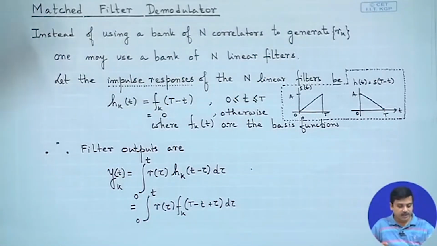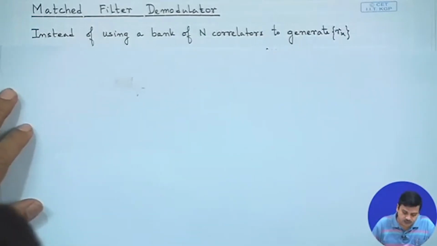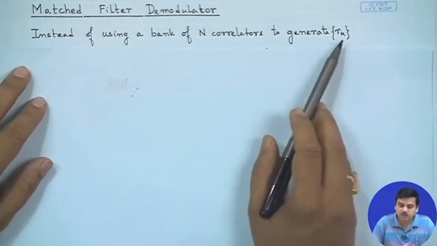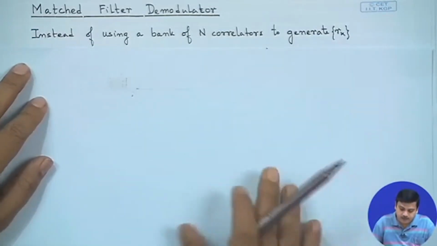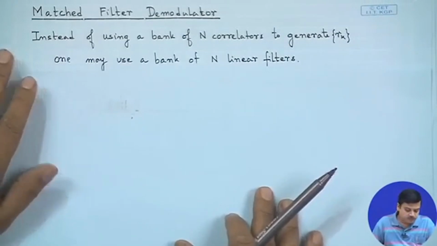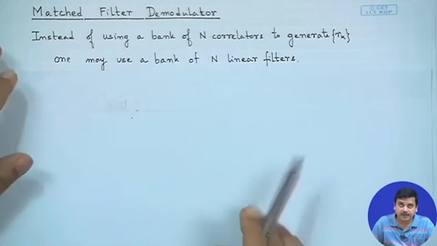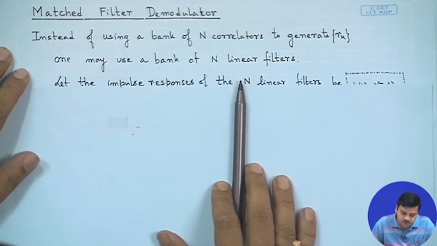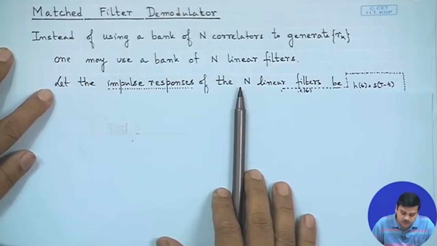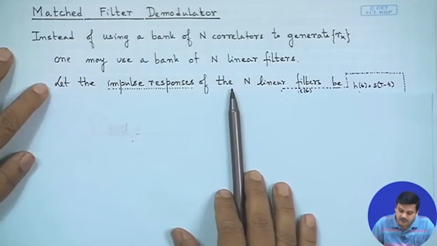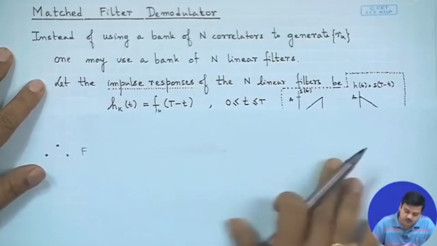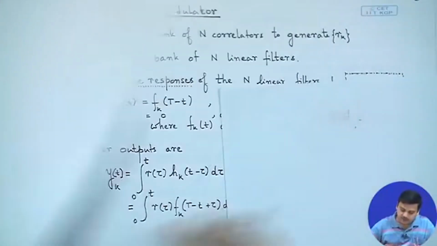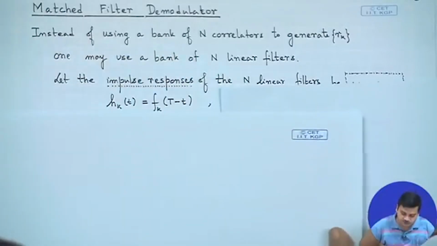Now in the matched filter demodulator, instead of using a bank of n correlators to generate r k, one may use a bank of n linear filters. How do we do that? We use n linear filters with an impulse response given by f k of t. We are just taking a different view of whatever we had done before.